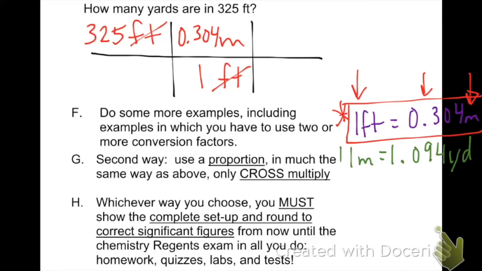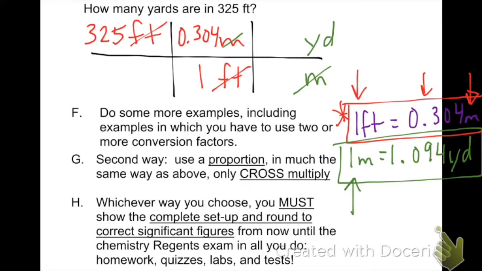We're going to then use our second conversion factor here to go from meters to yards. So we'll place meters in the bottom right so that they can cancel. We'll place our yards in the upper right, and we're going to place whatever value is in front of the respective units. So we've got 1 meter and 1.094 yards.